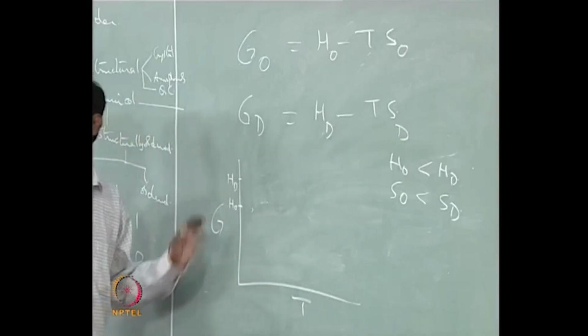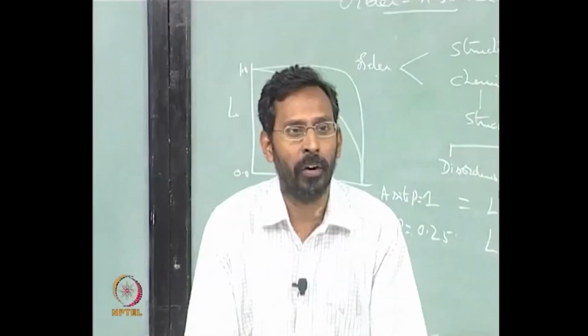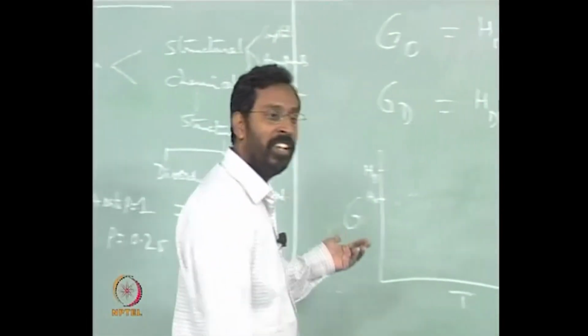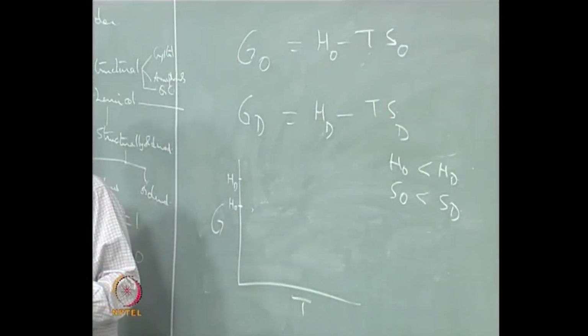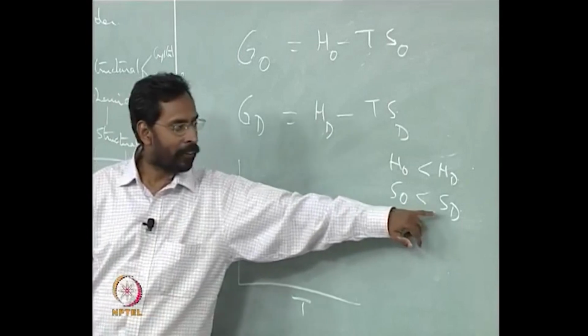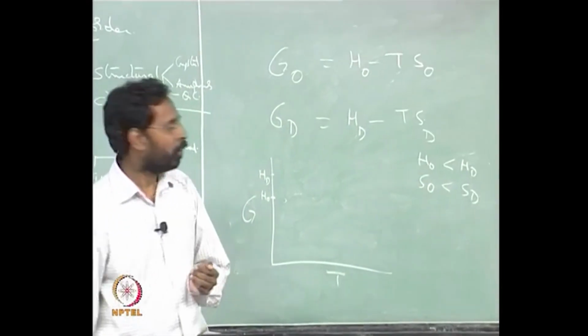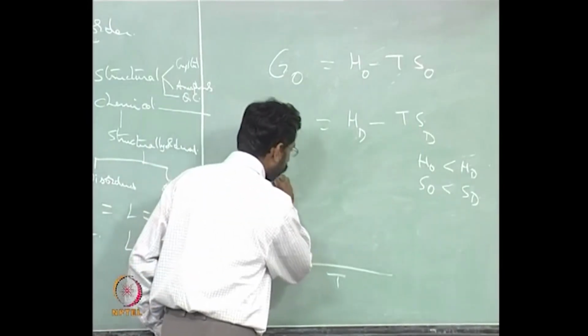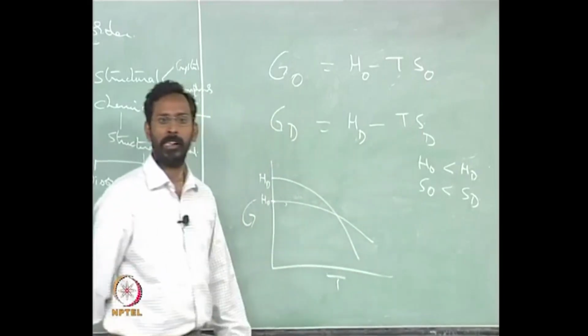And if I look at how G changes as a function of temperature, G decreases with increasing temperature or increases with increasing temperature? Decreases. So now the question is the rate at which it decreases is going to be different for both of them. One of them which is having a higher entropy will have a steeper slope. So you would see that the disordered structure would go like this, the ordered structure would go like this.